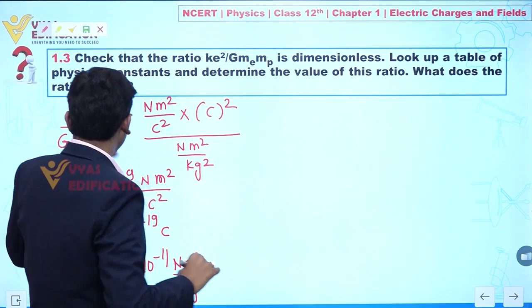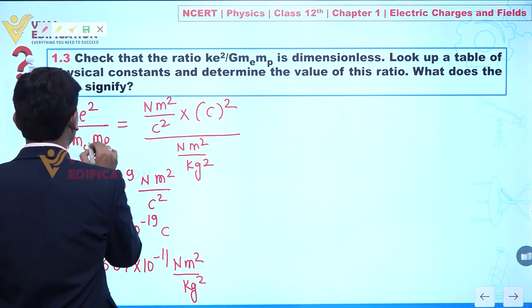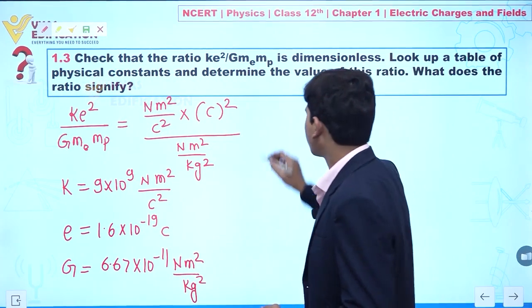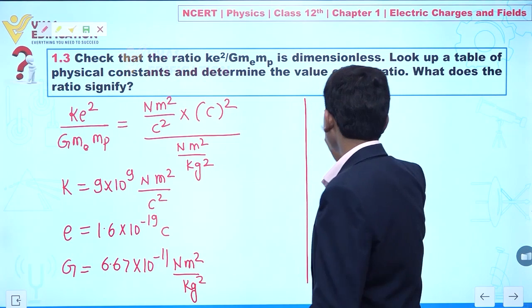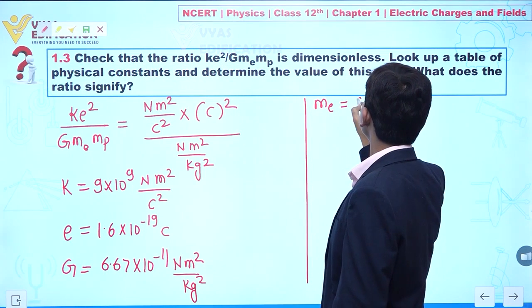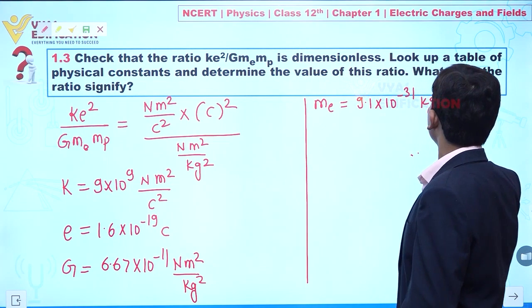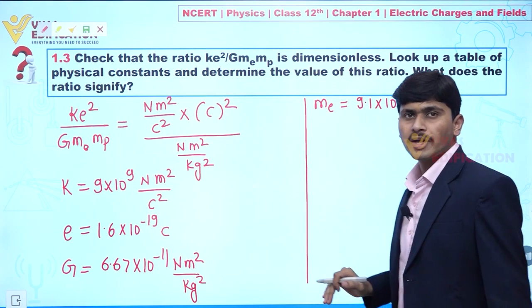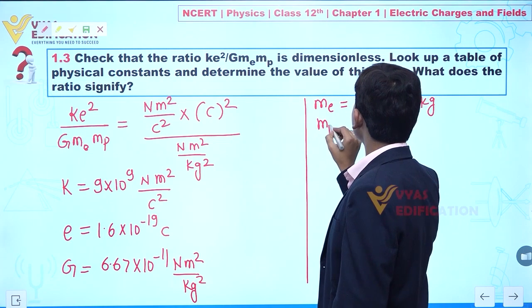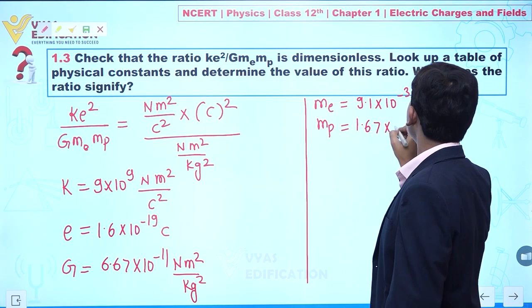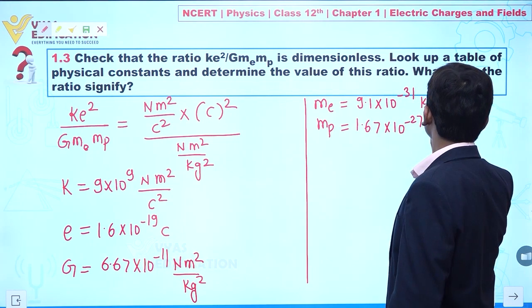Yes or no? Now here we have m_e and m_p, meaning the mass of an electron and the mass of a proton. The mass of an electron is 9.1 into 10 to the power minus 31 kg. Clear? Yes or no? And the mass of a proton is 1.67 into 10 to the power minus 27 kg.